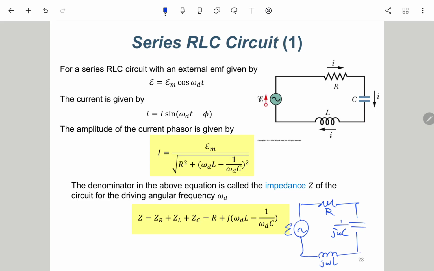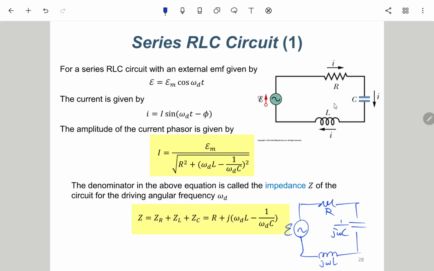If impedances are in parallel, we take the reciprocal of each, add them together, and take the reciprocal again. For parallel impedance, it follows how we calculate series and parallel resistors, but for general impedance we can do it like this.